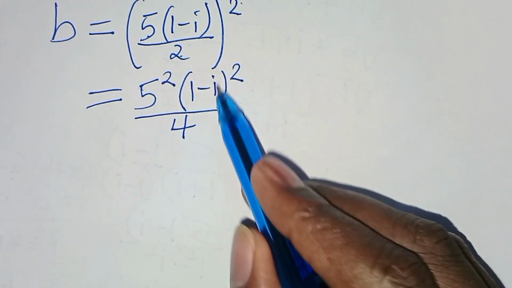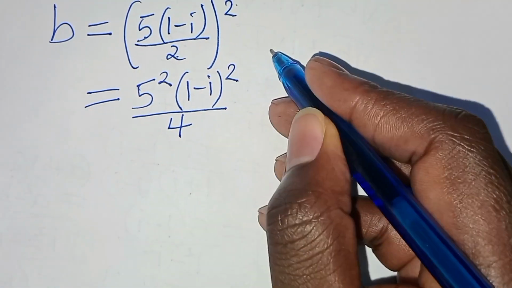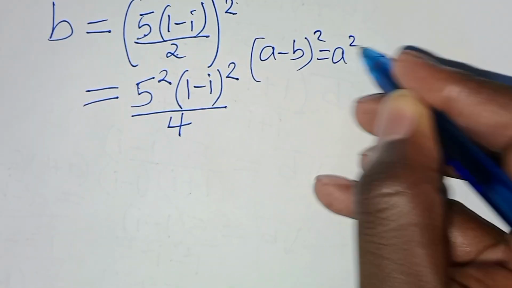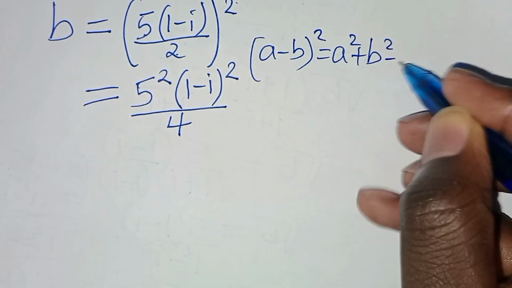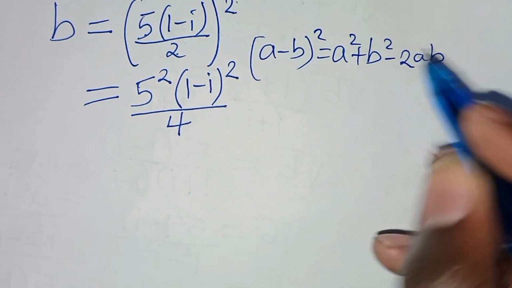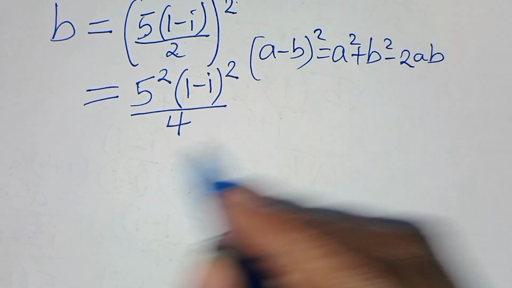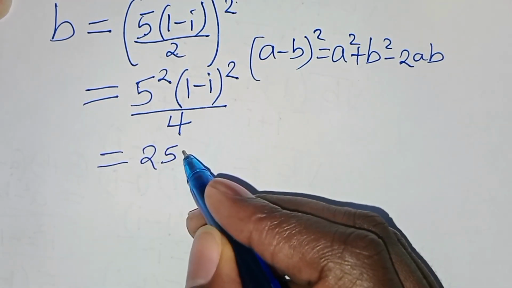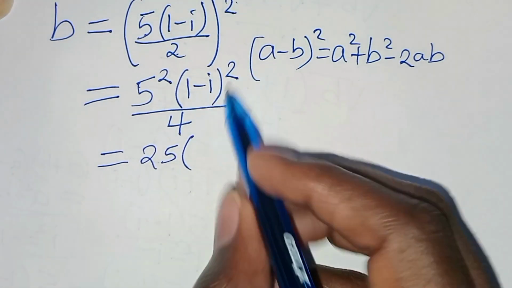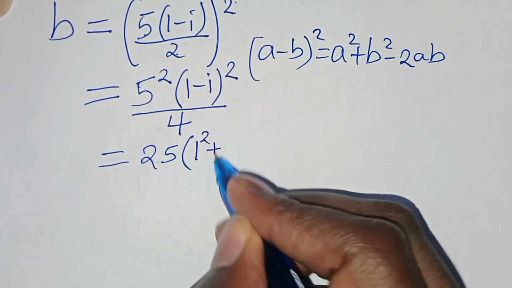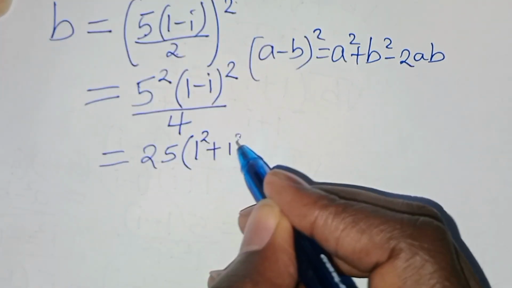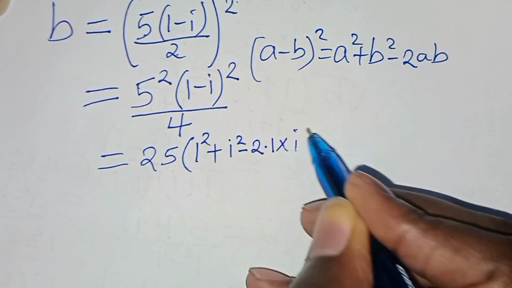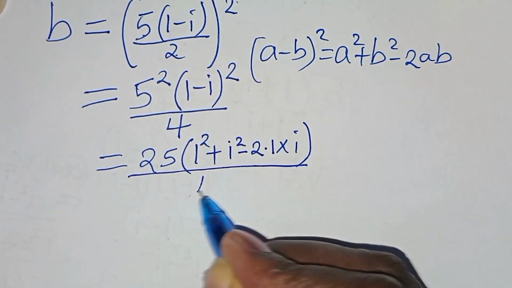So 1 minus i squared is in the form of a minus b squared, which you can express as a squared plus b squared minus 2ab. Applying this algebraic identity, here we'll have 5 squared, which is 25, times 1 squared plus i squared, subtract 2 times 1 times i, all of this divided by 4.